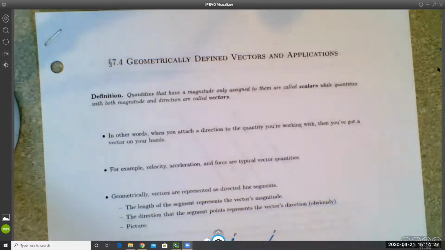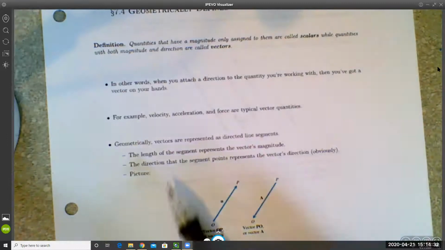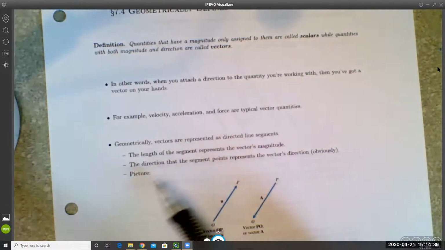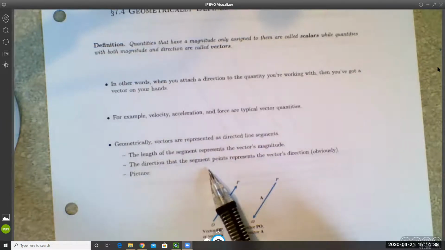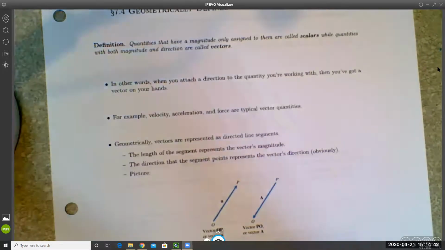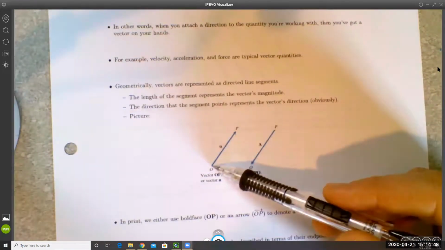So geometrically, vectors are represented as directed line segments. The length of that segment represents the vector's magnitude. The direction that the segment points represents the vector's direction, obviously. So here's an example of a couple vectors. This is vector OP, right?